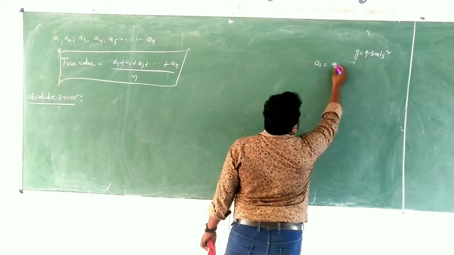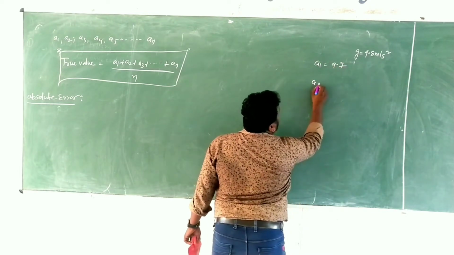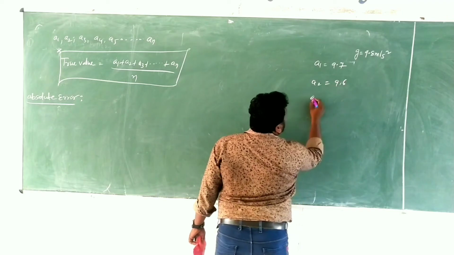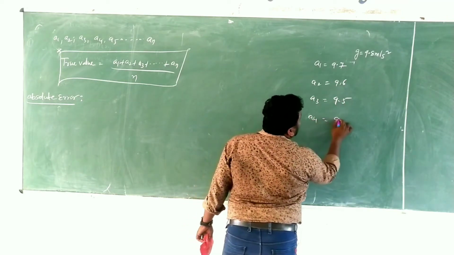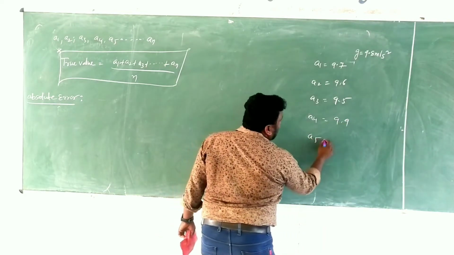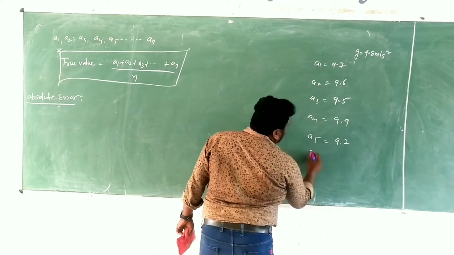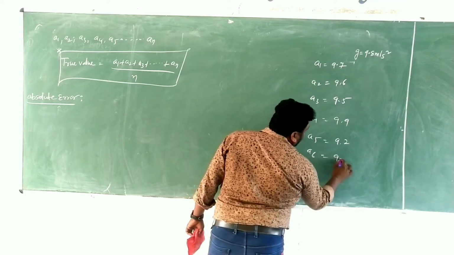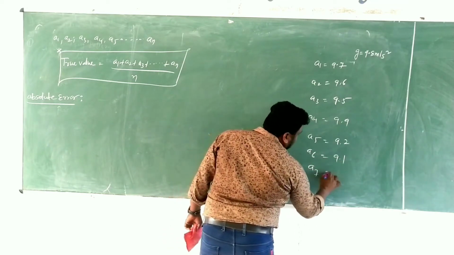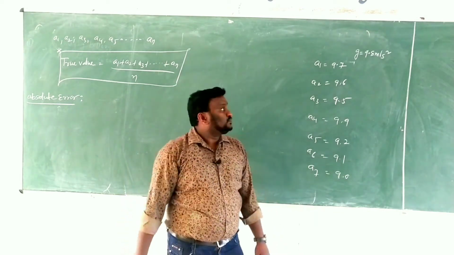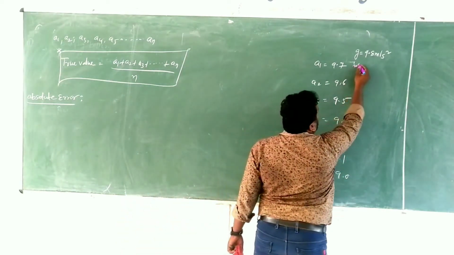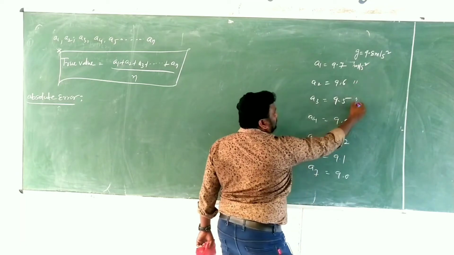A1 is 9.7 and A2 is 9.6 and A3 is 9.5 and A4 is 9.9 and A5 is 9.2 and A6 is 9.1 and A7 is 9.0. Units are the same, meter per second square.